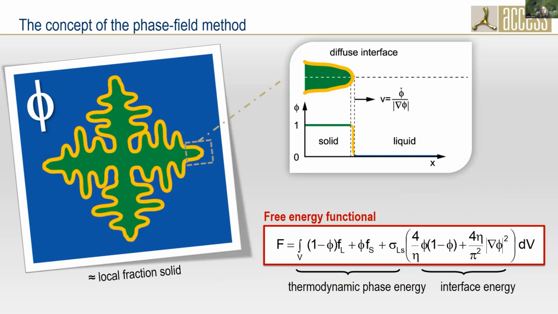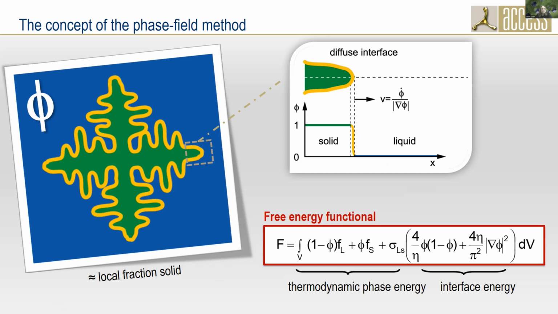A typical task could be to describe dendritic solidification, where we just have one single solid phase growing from a liquid, and it could have a very complicated interface, which we do not want to describe explicitly, but we do this implicitly by defining a so-called phase field.